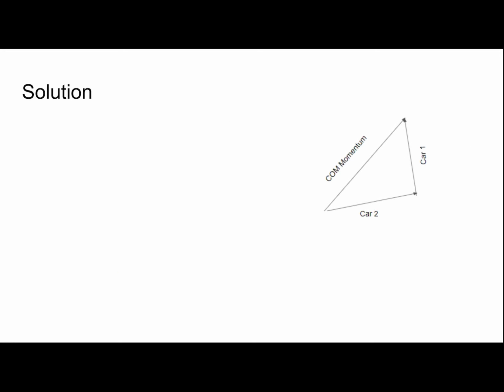For this case, once again, we're going to be drawing out our vector diagram. So once again, we have the center of mass momentum, which is the same as the initial momentum of the system, and the momentum of car 2 plus the momentum of car 1 is equal to the initial momentum. So in this case, the initial momentum of car 1 is 28 times 3,000, because 3 tons is equal to 3,000 kilograms. That should give us an answer of 84,000 kilogram meters per second.